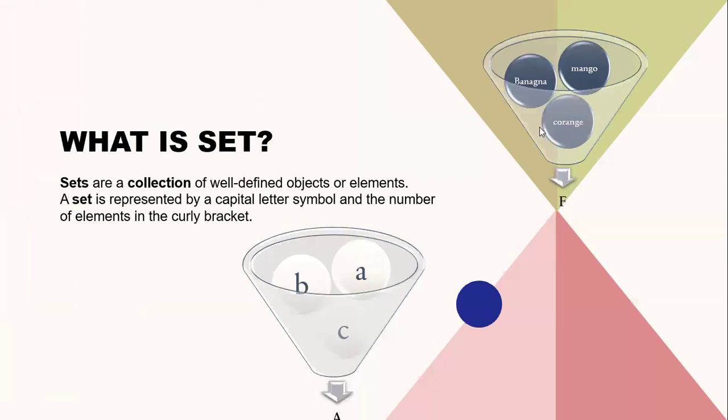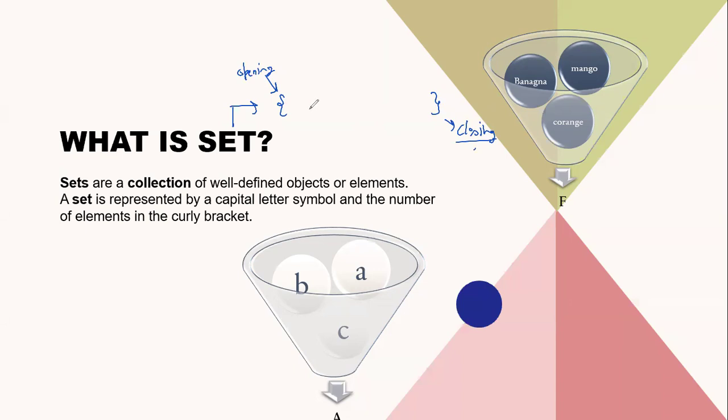In mathematics, a set is basically a collection of alphabets, a collection of things, basically a collection. It can be of anything. A set is represented by the curly bracket sign. This is the opening part, and this is the closing. And inside the curly brackets, elements are there.